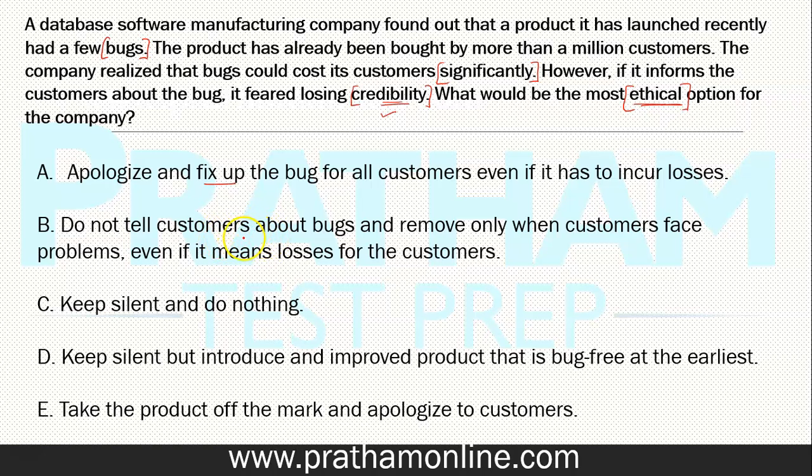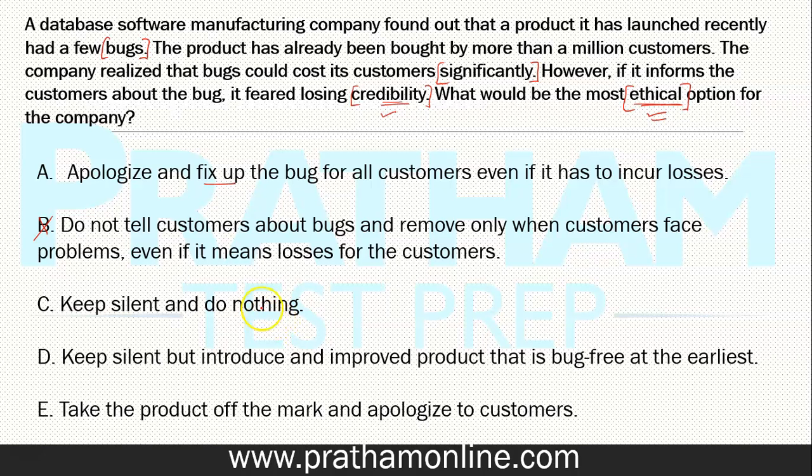So now let's see B. Do not tell customers about bugs and remove only when customers face problem, even if it means losses for the customers. Now can you see that do not tell customers about bugs? I find this to be unethical, while my question has already defined that it has to be on ethical grounds. So this one is outrightly rejected. Let's try C. Keep silent and do nothing.